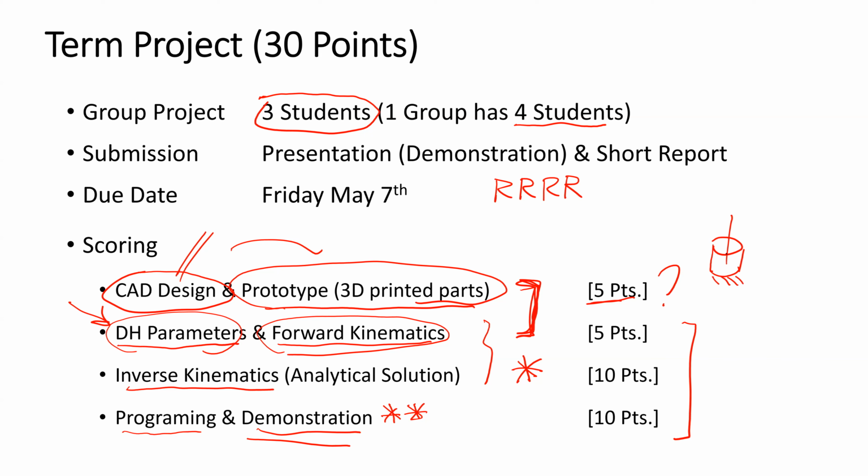You may decide to put the first joint like this so that the rotating axis is in vertical direction. You may have the second joint like this and connect to the third joint like this, and have the last joint, for example, like this. And here is the end effector.